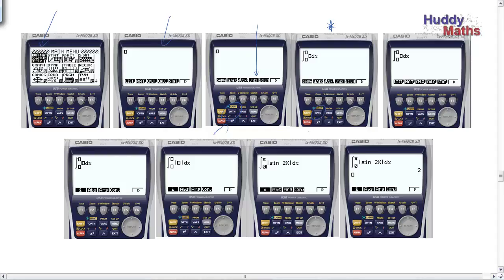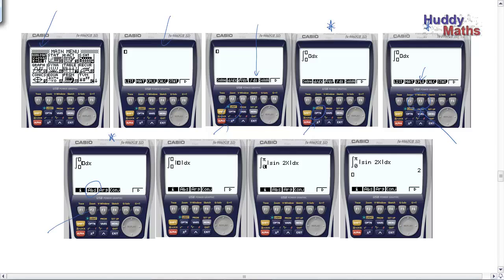Here we are in there, options again, and we get this window, but we need to have a look in here for where to find the absolute value sign. So here, go to complex, which is F3, and here we find it. There's abs, the absolute value, as we did with complex numbers.